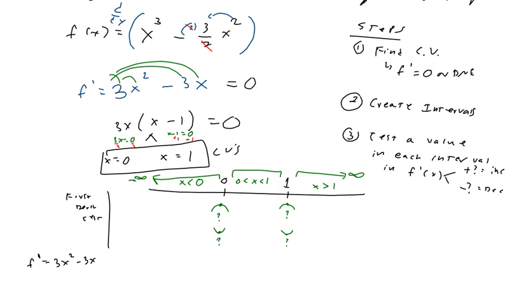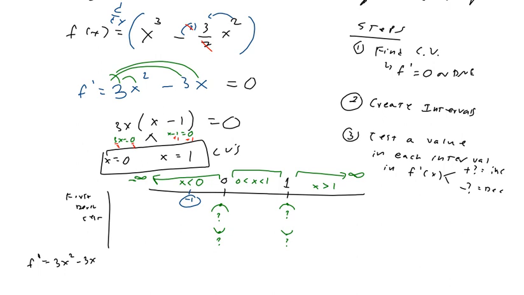Any number in this interval I can choose. I like simple numbers. I don't want to pick something complicated. -1, -2, those are both great. I'm going to pick -1, just because -1 is easy to square.